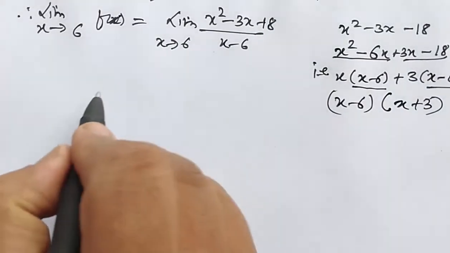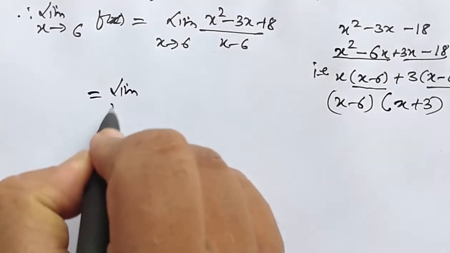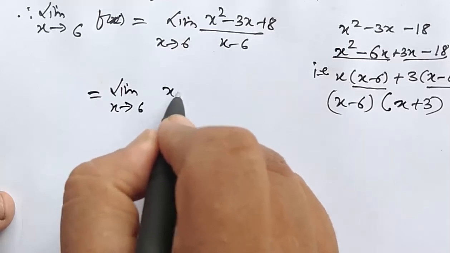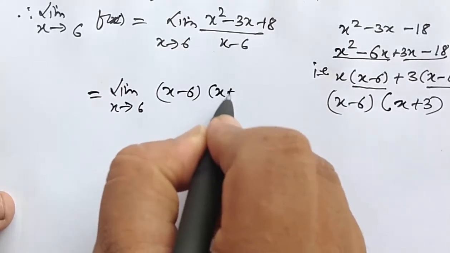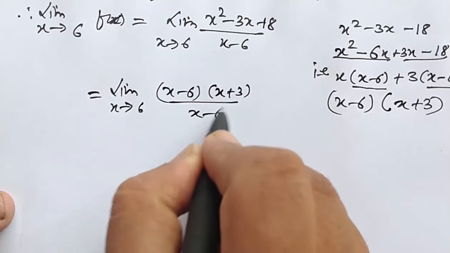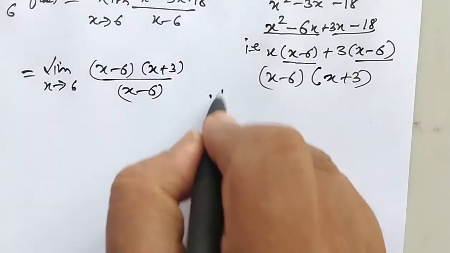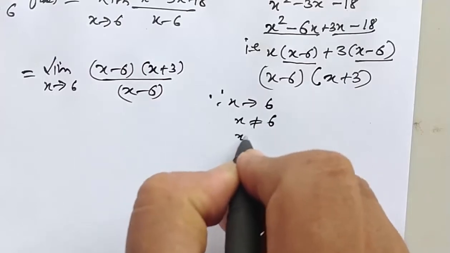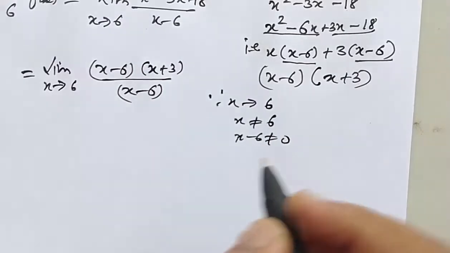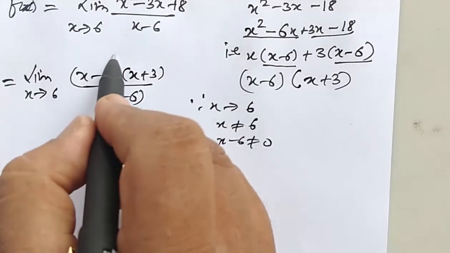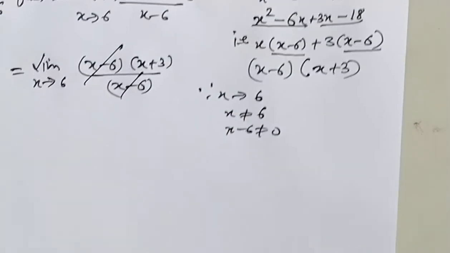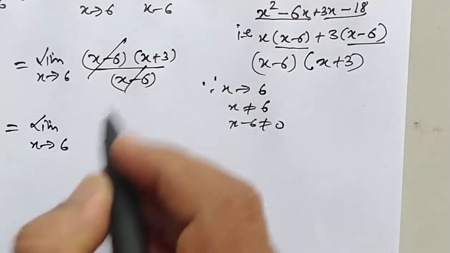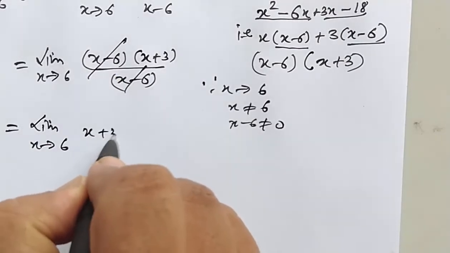So the factorization gives limit x tends to 6 of x minus 6 into x plus 3 upon x minus 6. Since x is tending to 6, x is not equal to 6, so x minus 6 is not equal to 0. So cancelling the factor x minus 6, it is equal to limit x tends to 6 of x plus 3.